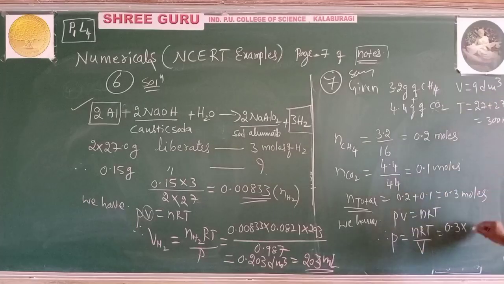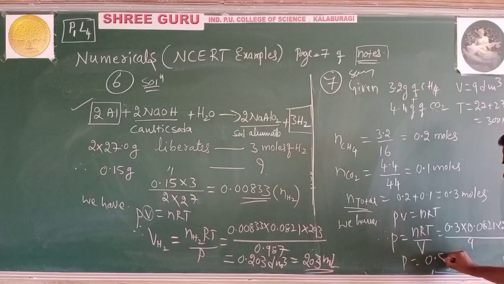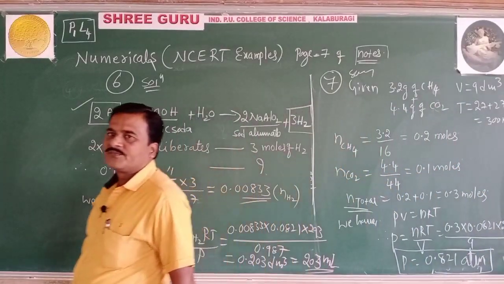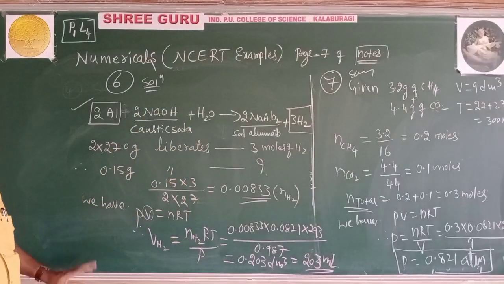Since it is dm cube, R value is taken as 0.0821, into temperature 273 whole divided by volume 9 dm cube. So you are going to get pressure as 0.821 atm. This is how the 7th problem solution completes.